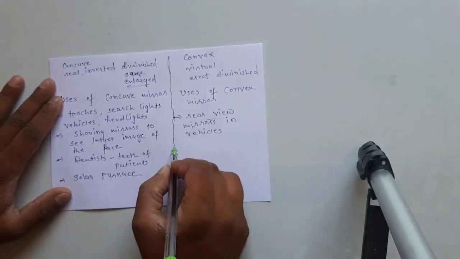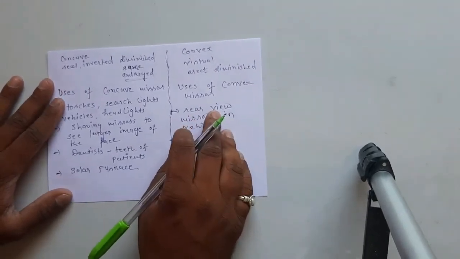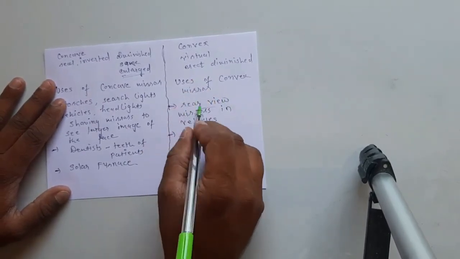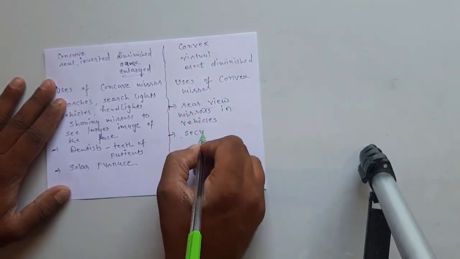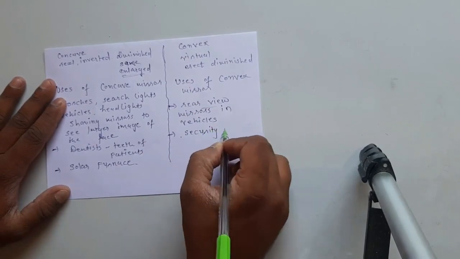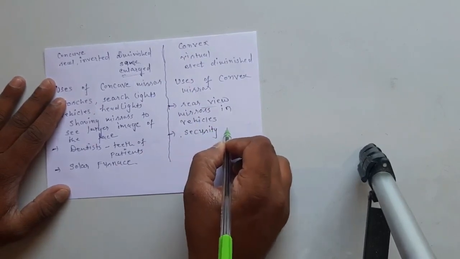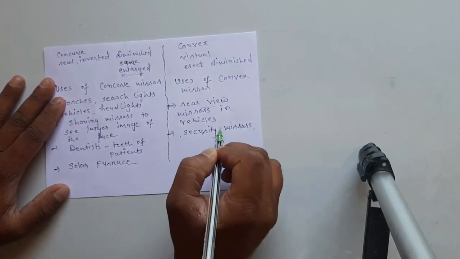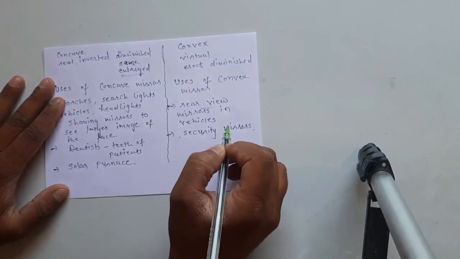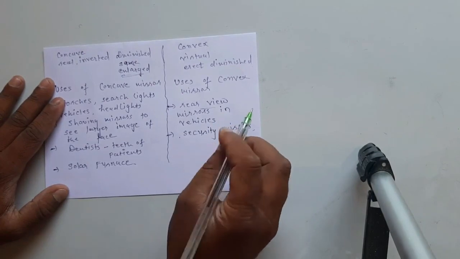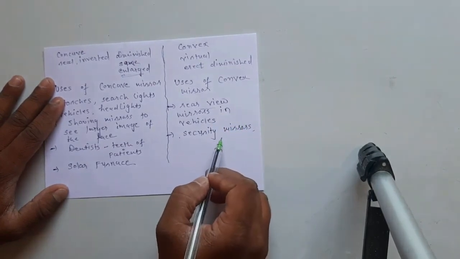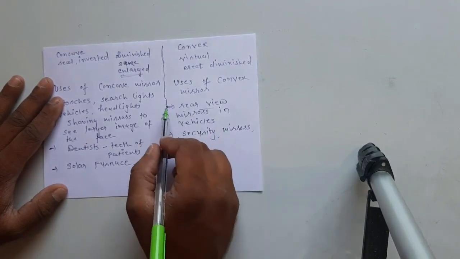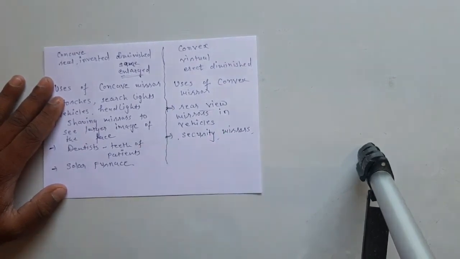So it is used as a side glass or rear view mirror. Second, we can use this convex mirror for security purposes in different types of shops. So it's used as security mirrors. The shop owner can keep an eye on customers to look for thieves and shoplifters among them. So these are the uses of convex mirror.